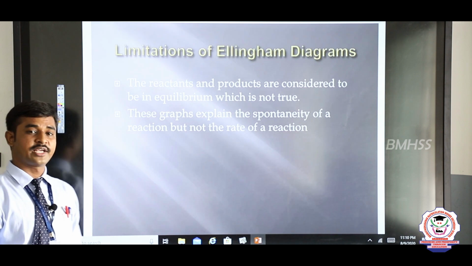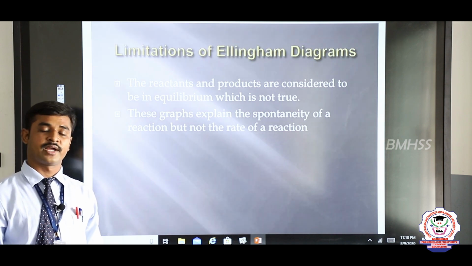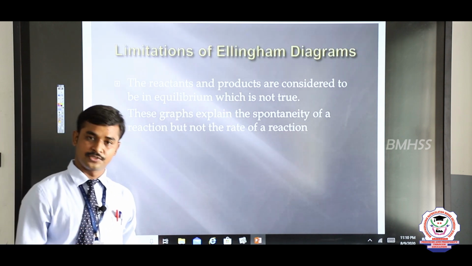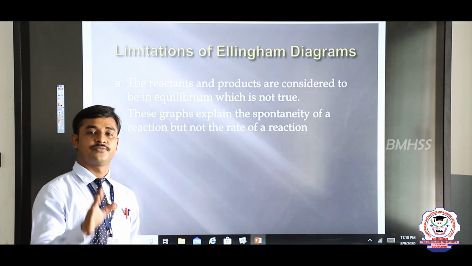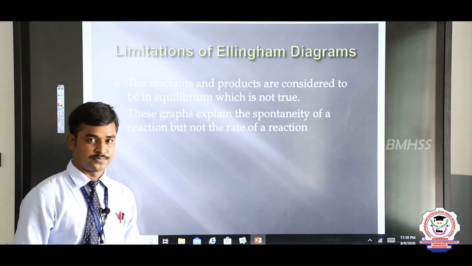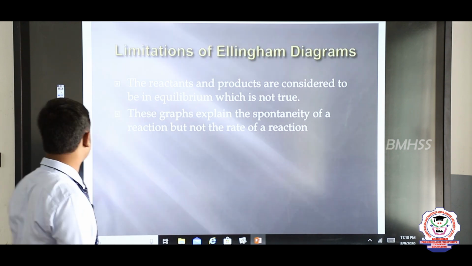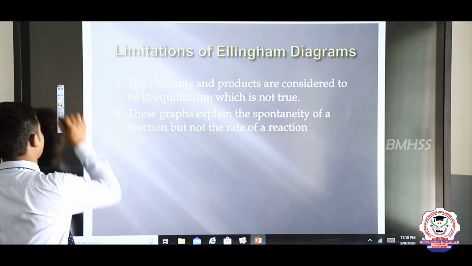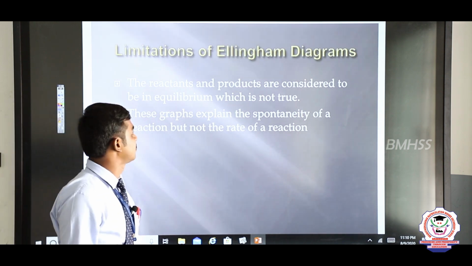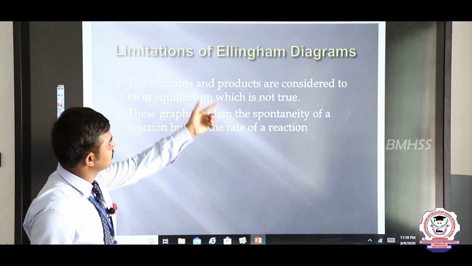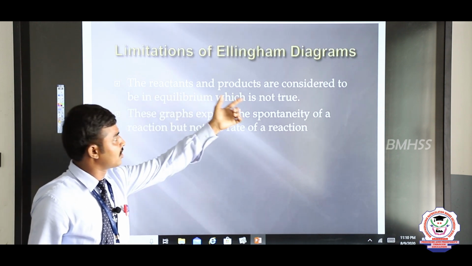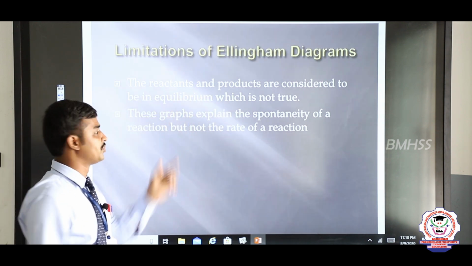The Ellingham diagram is useful to find the suitable reducing agent, and it is useful to find the difference in the del G value, but it has two limitations also. What are the two limitations? First one, the reactant and products are considered to be in equilibrium.